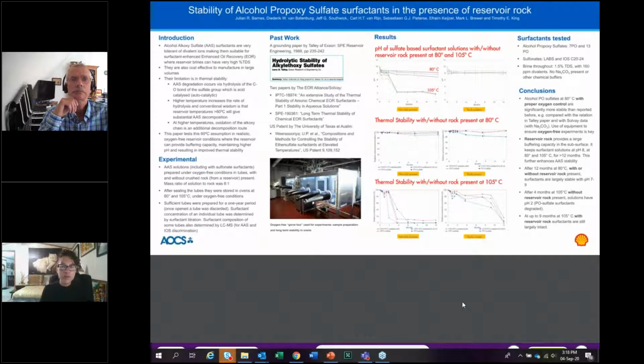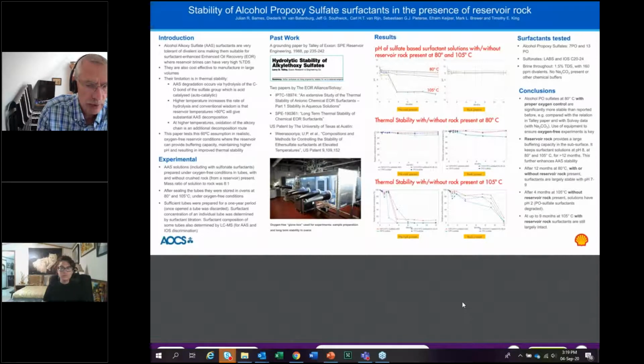We do have one question in, and it is, can you describe the method of how the surfactant concentration was determined by surfactant titration? Yes, we used a pretty industry standard method, which is a single phase potentiometric titration. It's used not just in enhanced oil recovery, but for surfactants in general.